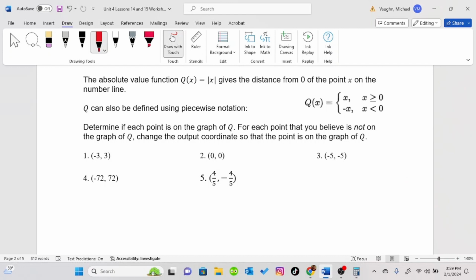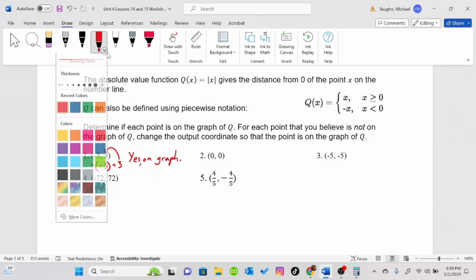When x is less than 0, our y value is negative x. So this would be negative negative 3, which equals 3. That matches our y value, so yes, on graph.